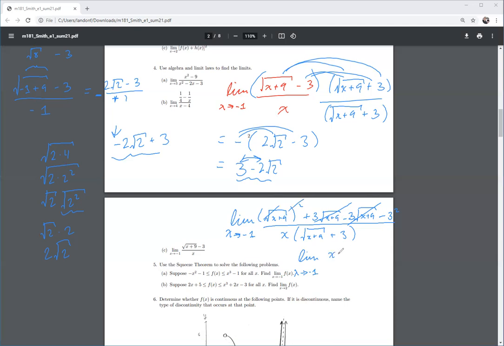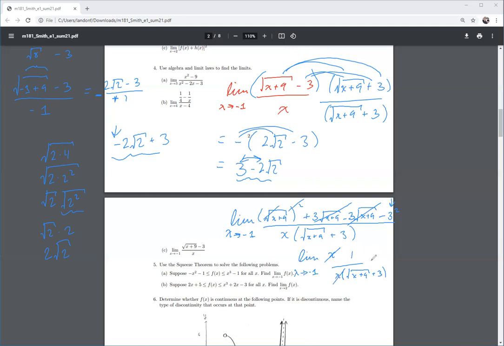So we just get x plus 9 minus 9, since that's the 3 squared. These cancel, and we just get x over the square root of x plus 9 plus 3. So there's just an x up top. Let me simplify that. So we can cancel this out with this, and there's just a 1 up top.